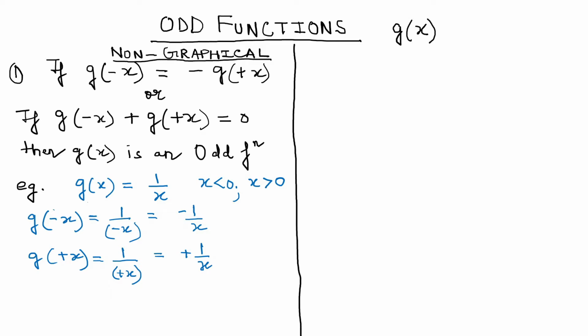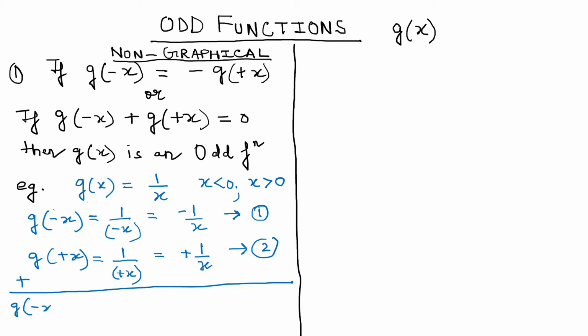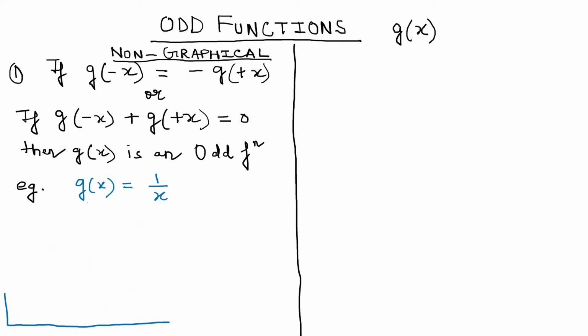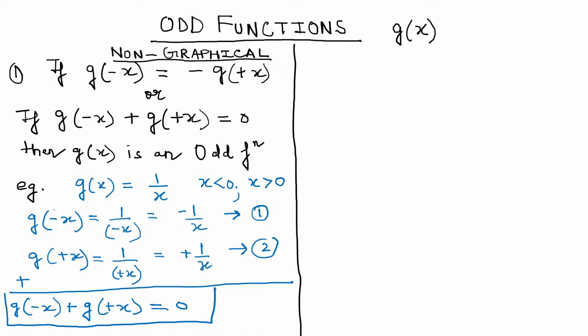Now, let's say this is equation 1 and this is equation 2. When I add both of them, on the left-hand side I get g of minus x added to g of plus x, which gives me a 0 in the domain of the function. Since this happens, we say that this function is an odd function.